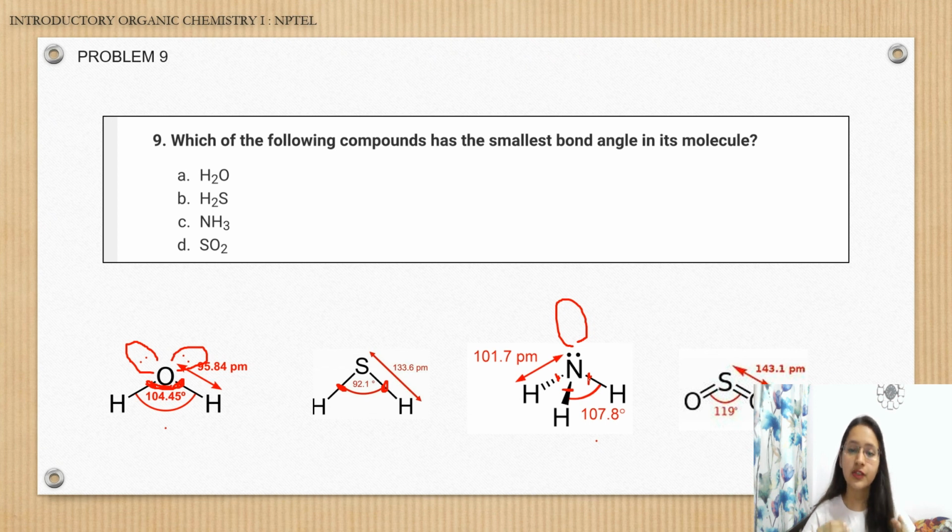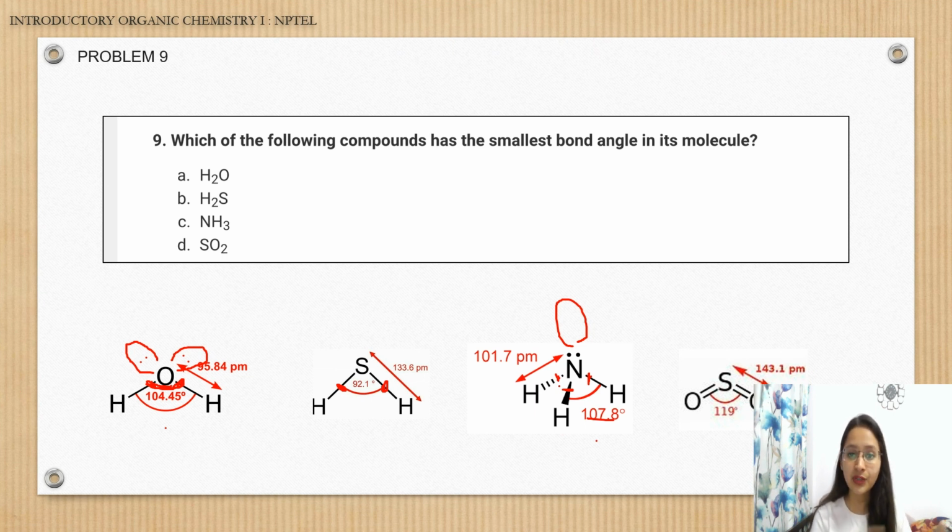So due to the steric crowding, the bond angle between this H-N-H bond will get increased, so that the molecule will get a more relaxed configuration, right? But here the angle is higher than in H2O. Why? Because we are studying that oxygen is more electronegative, so electronic crowding will be higher at this position, so there would be more repulsion between the electrons here.